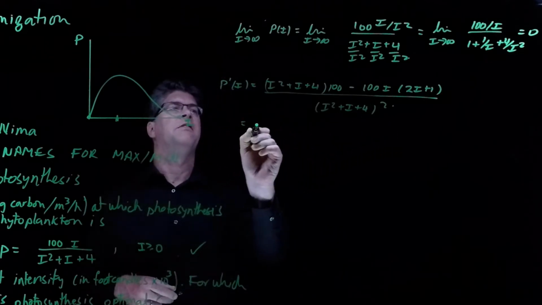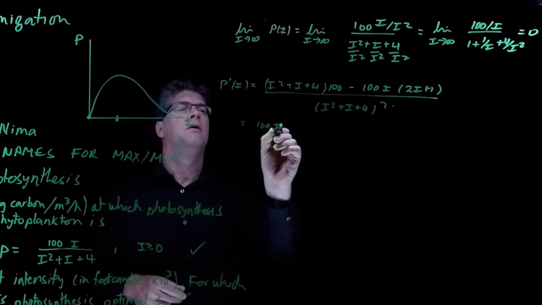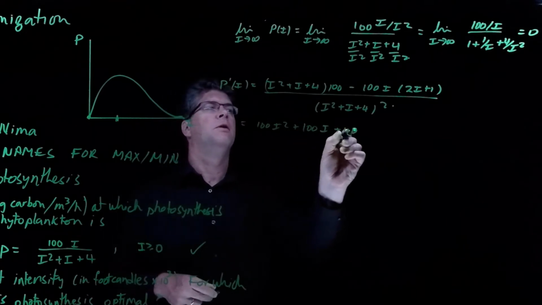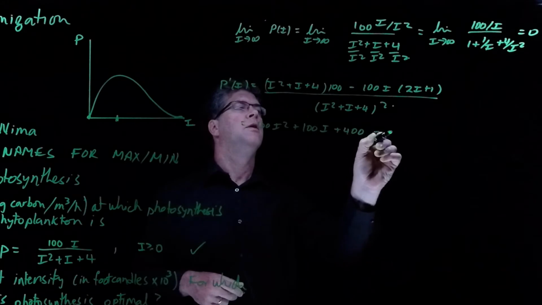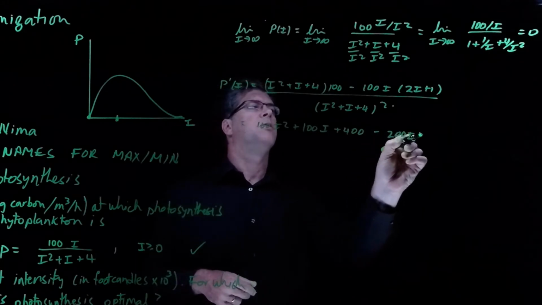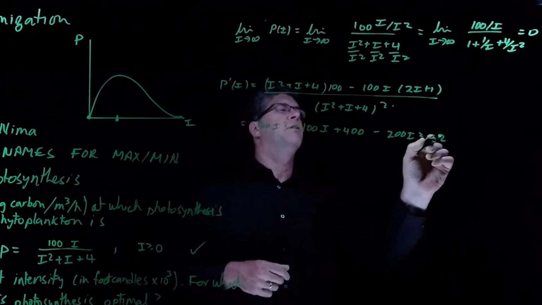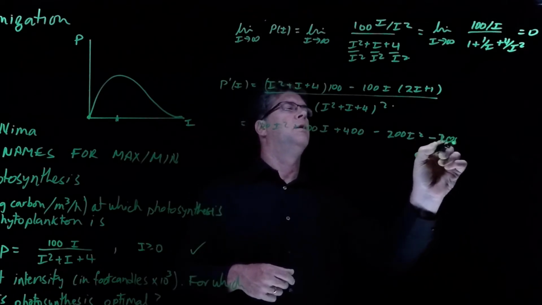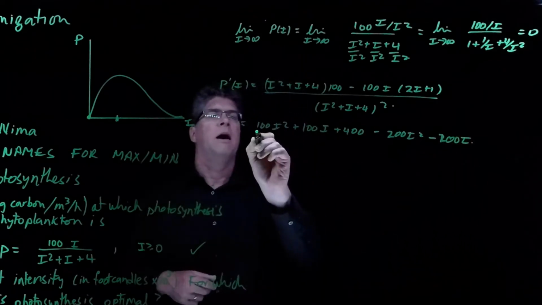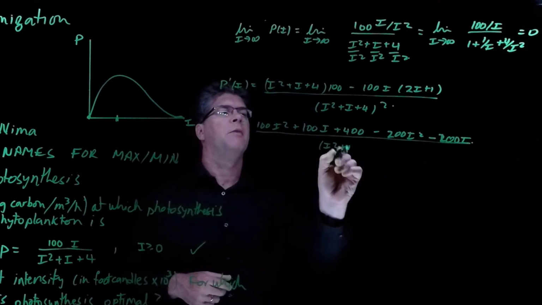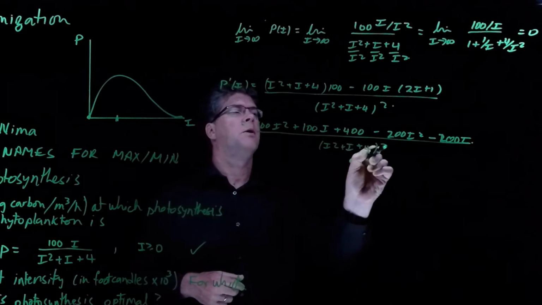Okay, so if we expand this out, we have 100I squared plus 100I plus 400 minus 200I squared minus 100I. And then we have the denominator, which is I squared plus I plus 4, all squared.